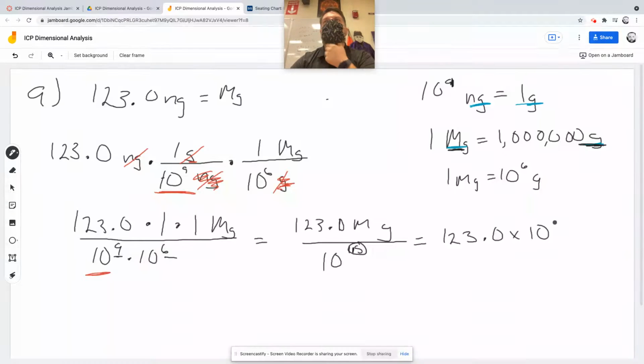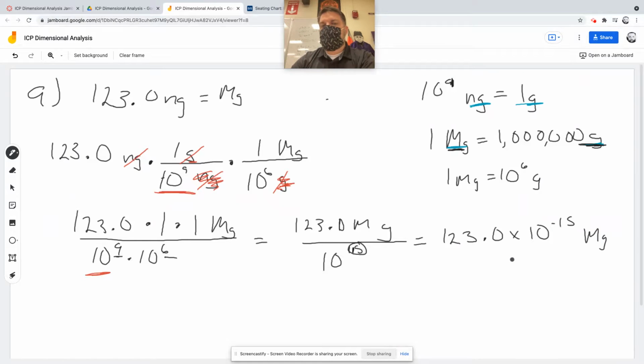What happens to the sign of a power when you put it on the opposite side? Positive or negative? Well, this just says positive 15, right? So what do you think we should do? Yeah. So this becomes negative 15, megagrams.